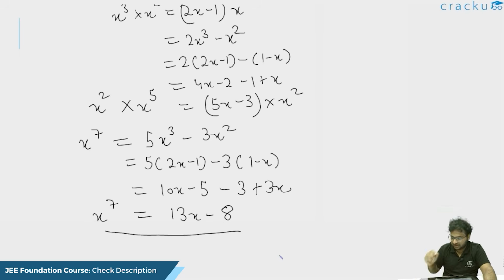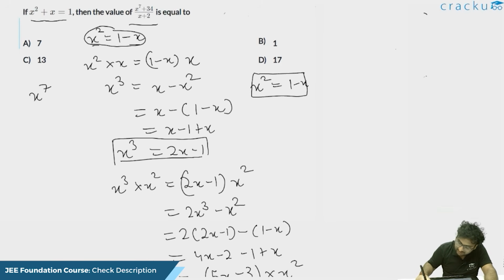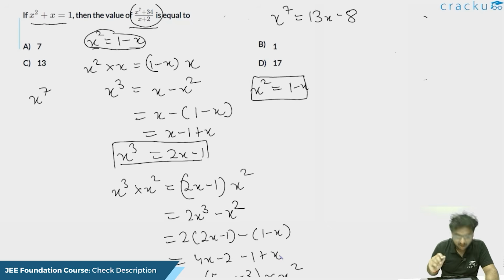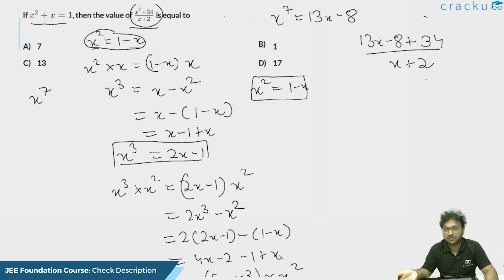Okay. So we got x to the power 7 is equal to 13x minus 8. Now replace x to the power 7 in this equation. So x to the power 7 was 13x minus 8. So this will become 13x minus 8 plus 34 upon x plus 2. So 34 minus 8 is what? 26.